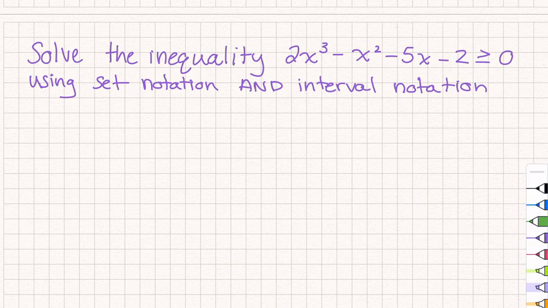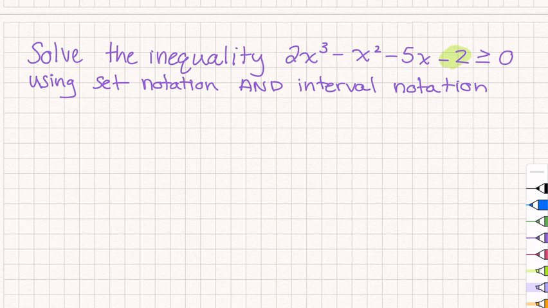What degree is our function in? Well, we have 2x cubed minus x squared minus 5x minus 2 is greater than or equal to 0. So we're going to use the factor theorem because this is a cubic function. We're going to use values that go into 2.